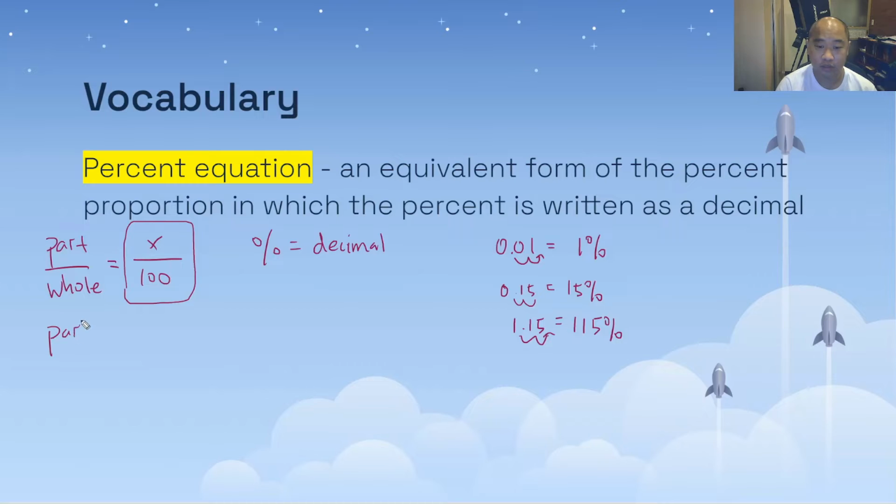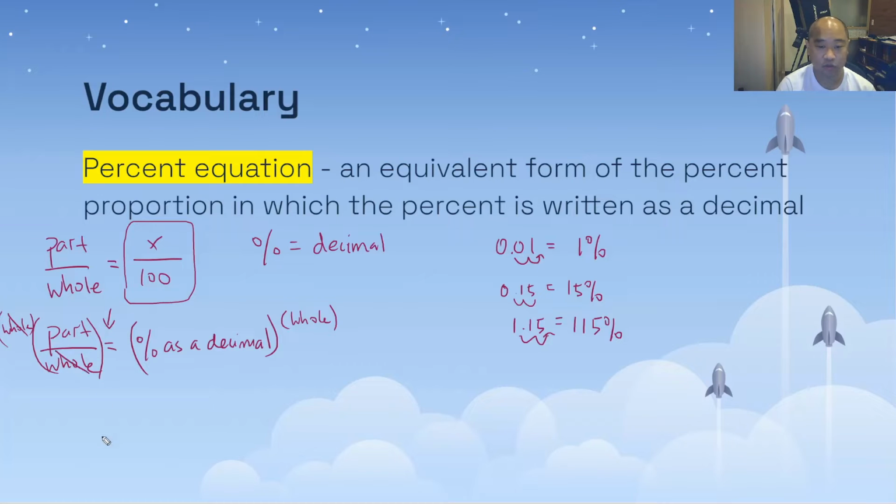We can write part over whole equals the percent as a decimal. And if we did that, we can move this whole to not have a ratio anymore, right? We can multiply both the left and the right side by the whole, because as long as we multiply the same thing on both sides of an equal sign, then everything's fine.